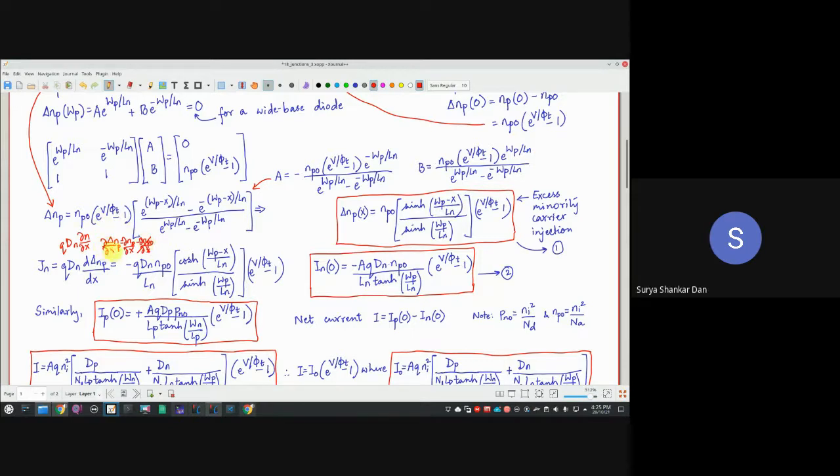So we essentially get this: del x of del NP, that is the injected minority carrier, should be equal to the spatial rate of change of the total minority carriers. So instead of dNP dx, I have written dx of del NP. Basically I am relating it with the excess minority carrier, so that I can plug in this relation over here.